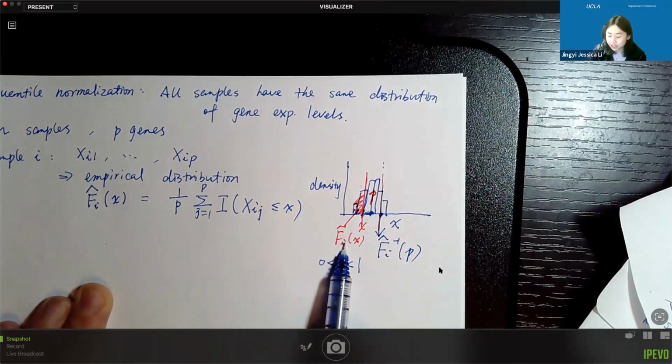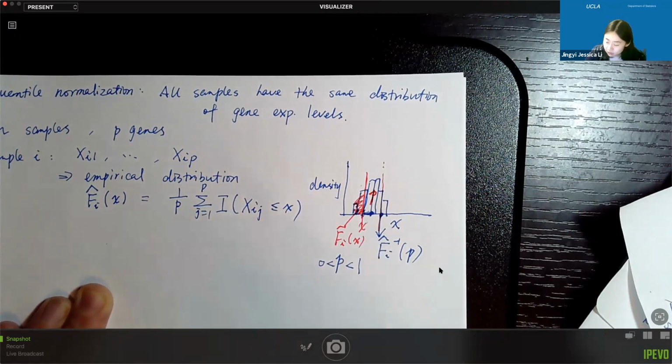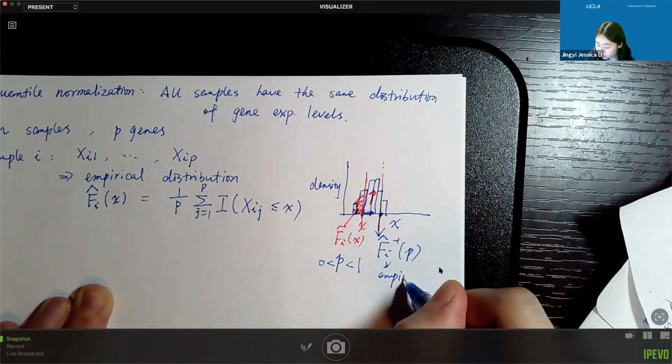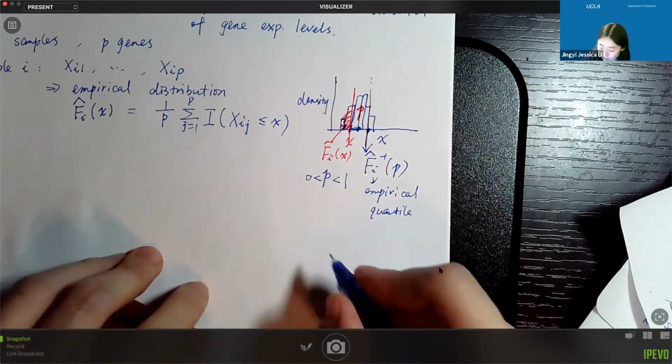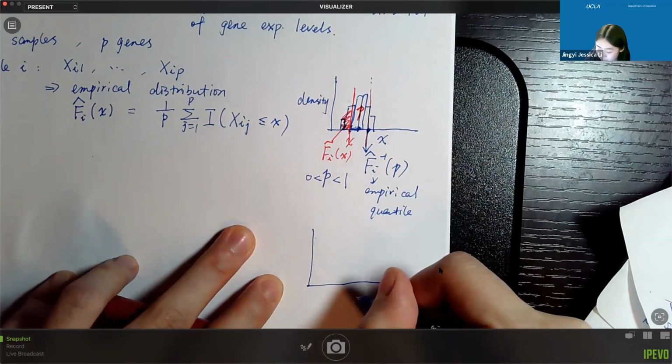F hat converts a value of x to a probability, and the quantile function converts a probability to a value in x. So this is what we call the empirical quantile. Another way to show the same thing is to draw the CDF, not just the density.